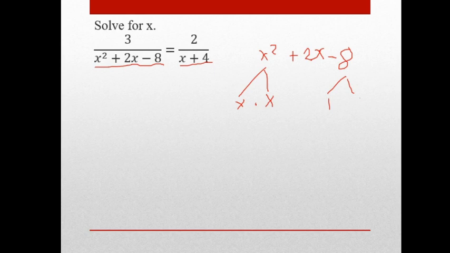Lista mo na lahat para di ka magulo. 1 times 8, tsaka 2 times 4. Now, ang goal mo dito ay makuha si positive 2. So, alin dito sa dalawa na to, yung kapag pinlas or minus ko, ang makukuha mo ay 2. 1 plus 8, 9. 8 minus 1, 7. So, hindi natin nakuha si 2.